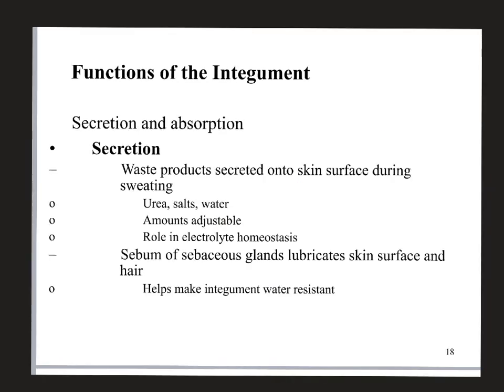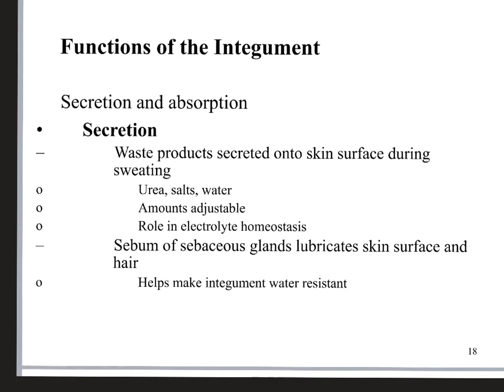All right, so let's get to secretion and absorption. Waste products are secreted onto the skin surface during sweating, right? So we have urea, salt, and water as parts of sweat, and this amount is adjustable. Sweat is mainly water, maybe up to 99% water.